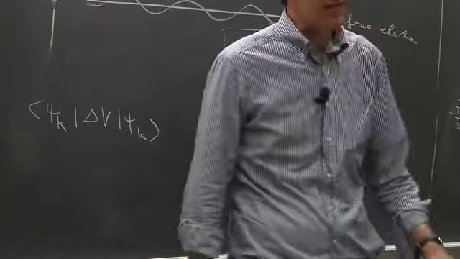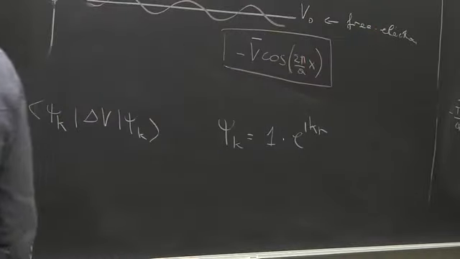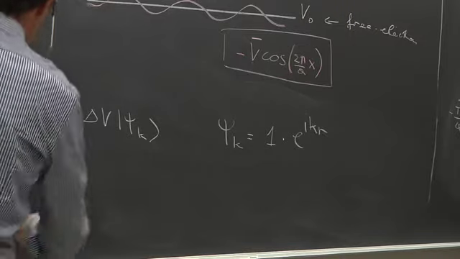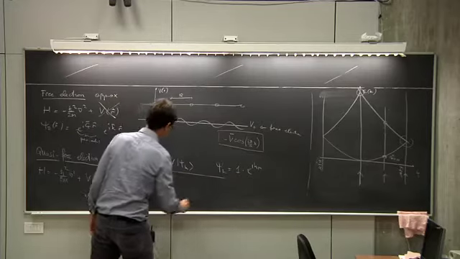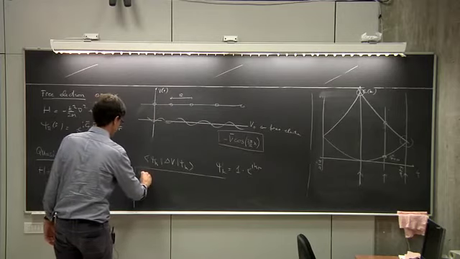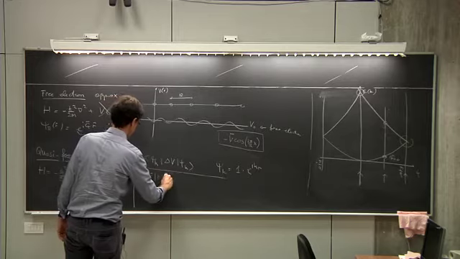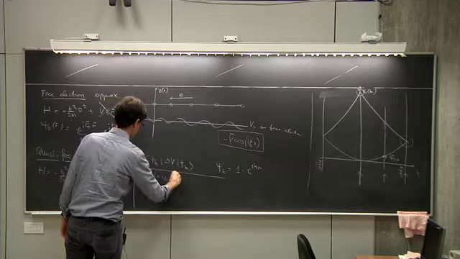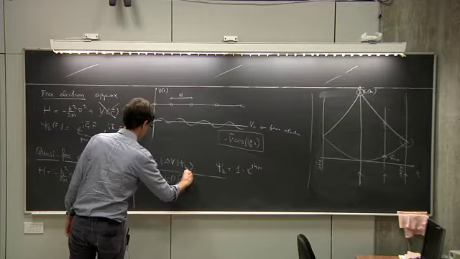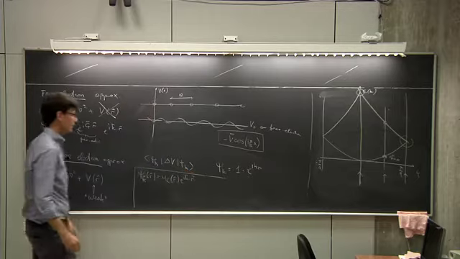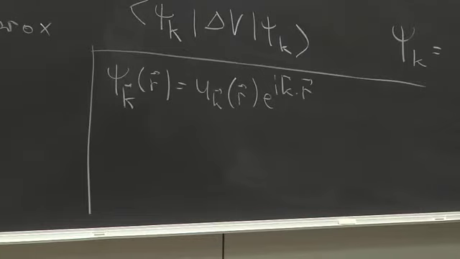So how am I going to normalize wave functions properly? Well, let me actually go back to Bloch's theorem in principle, because, okay, let me open a digression here. How do I normalize Bloch states? Well, we began the discussion a few lectures ago, right?